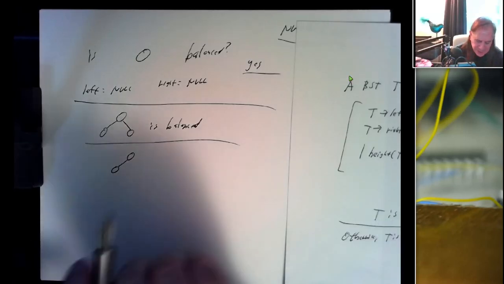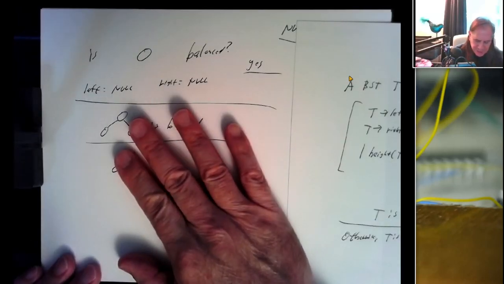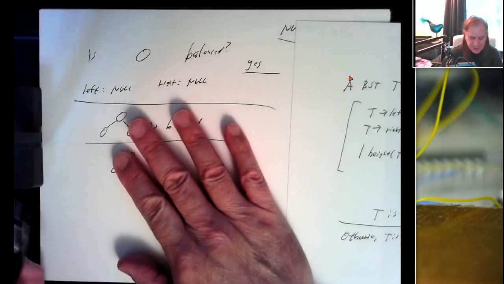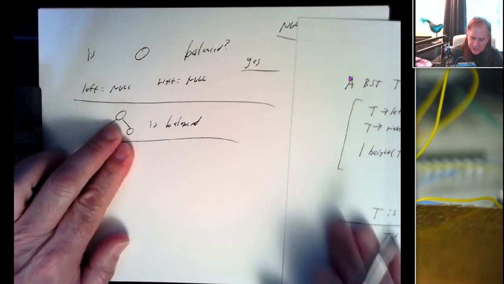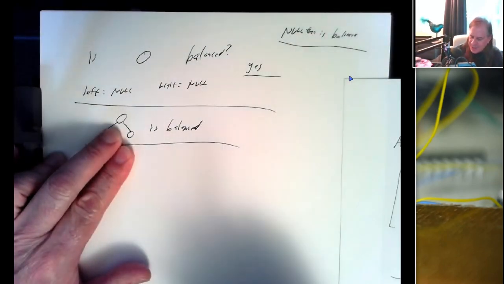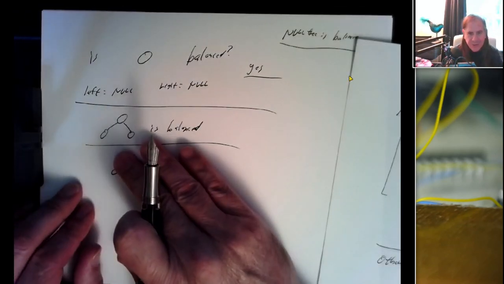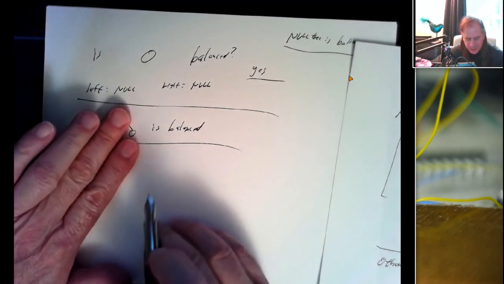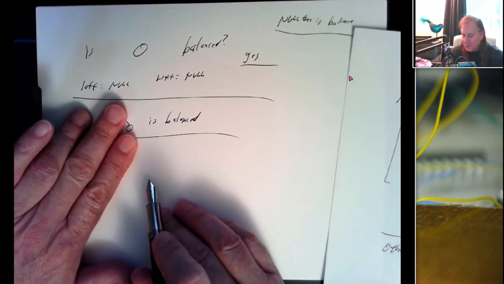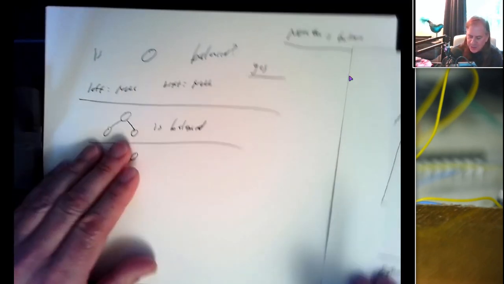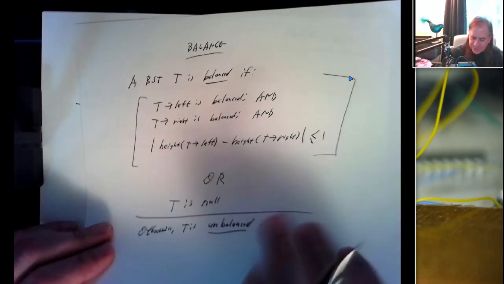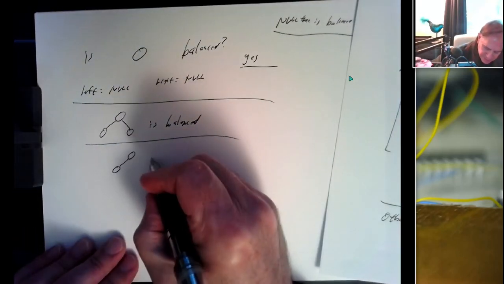And why is that? Well, the left subtree is just a tree with a single node, which we already said was balanced. The right subtree is null, and we know a null tree is balanced. So that's satisfied, that's satisfied. Let's look at the heights. The height of the left subtree is 0. The height of the right subtree is -1. And 0 and -1 are within 1 of each other. So this is balanced.